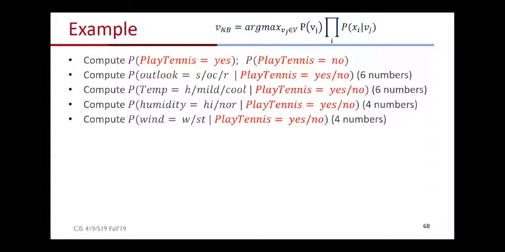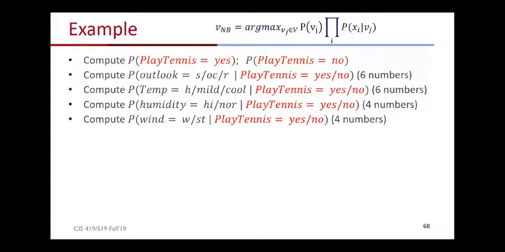So there are 6 numbers here, right? How many numbers do we actually have to estimate if we want to know these 6 numbers? 4. Why 4? If you know the probability of sunny given yes and overcast given yes, you can get rainy given yes.